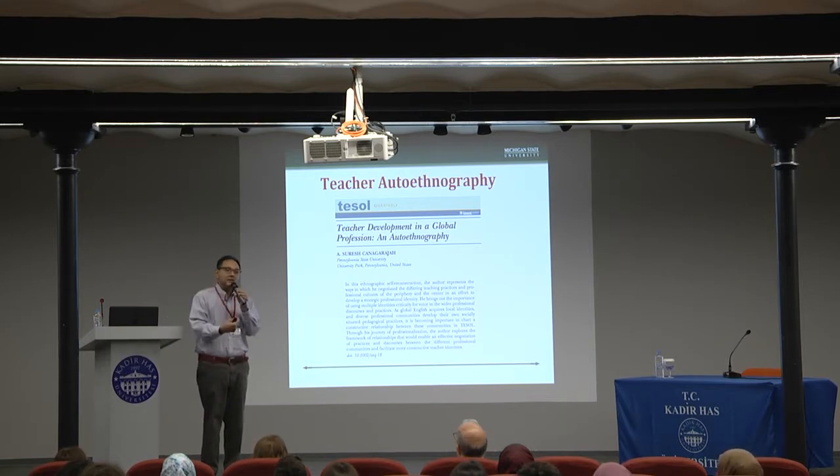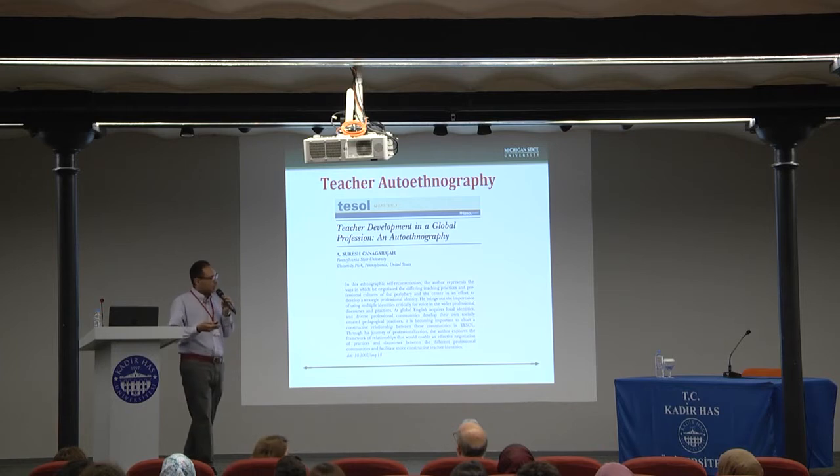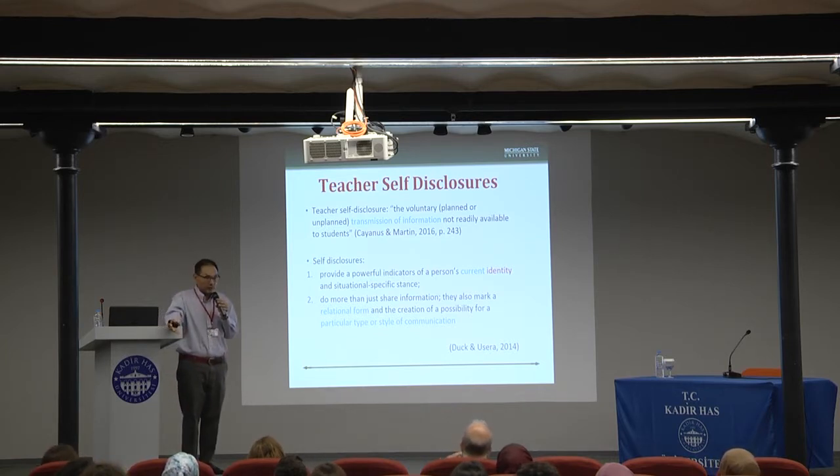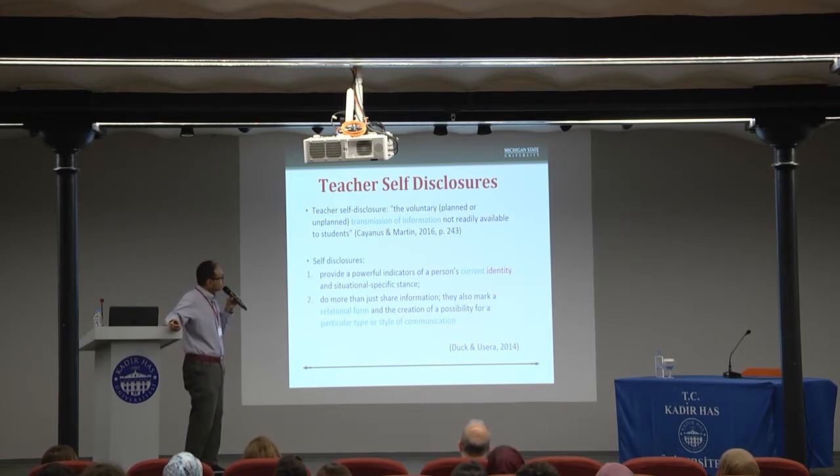So this article is really an autoethnography where he tells his story about what it was like to be a teacher, an English teacher. So one of the methodologies is you could use autoethnography, that's my point, if you want to investigate teacher emotions.